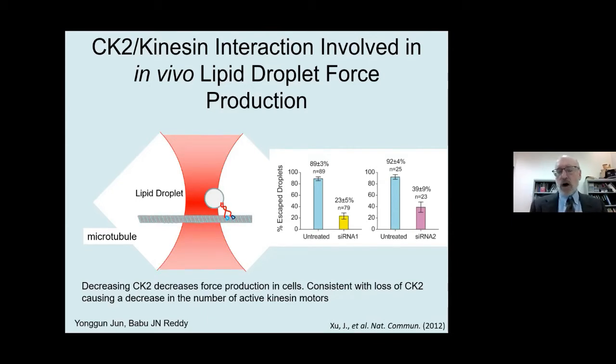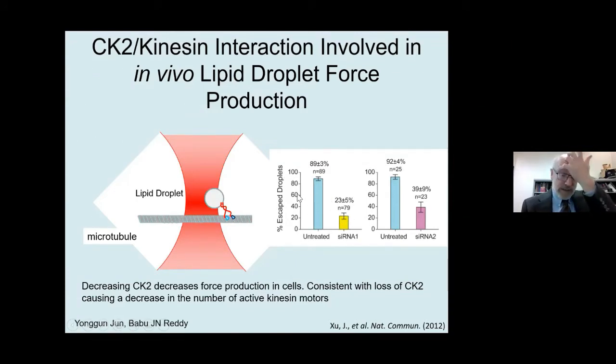And when you knock down CK2, either using one RNAi or a different one, in both cases you confirm using Western blots that you have in fact decreased the overall amount of CK2 in the cell. What you discover is that the percentage of lipid droplets that are able to escape from the optical trap goes down a bunch.